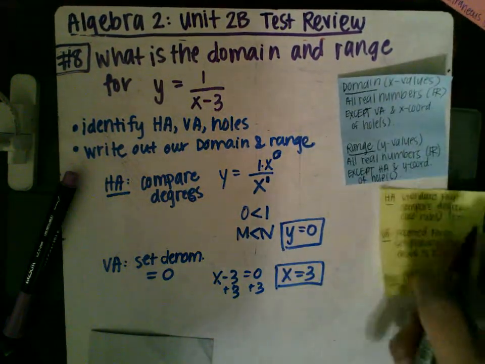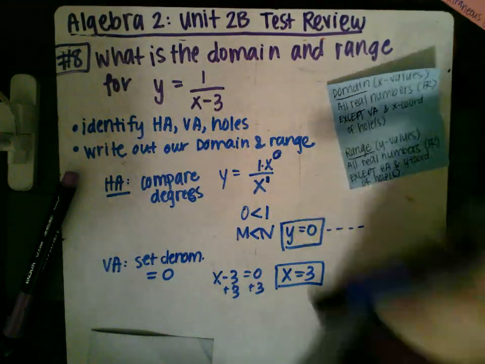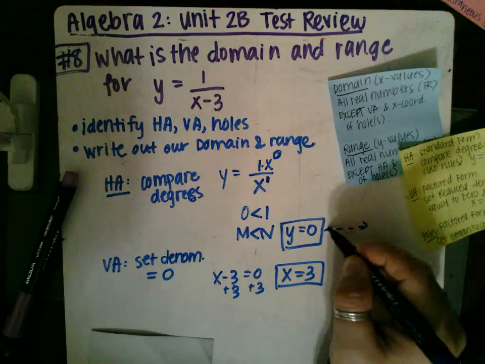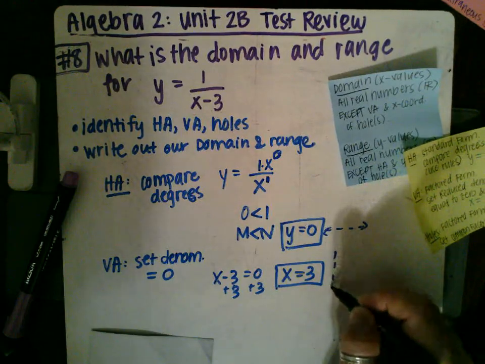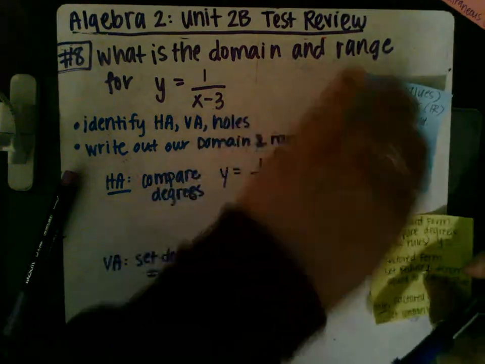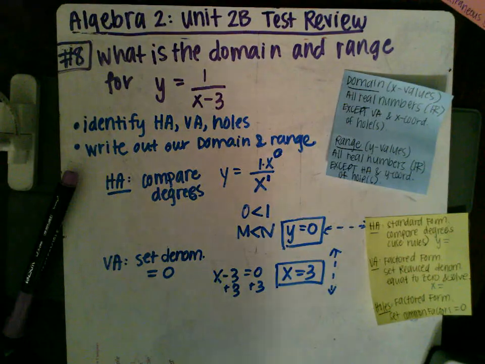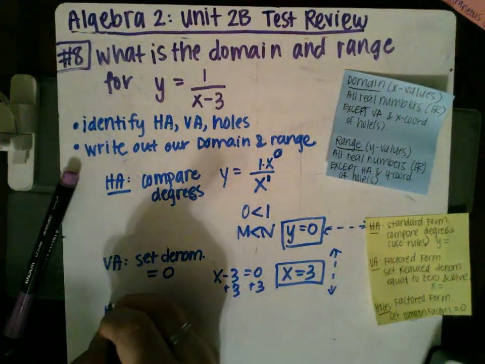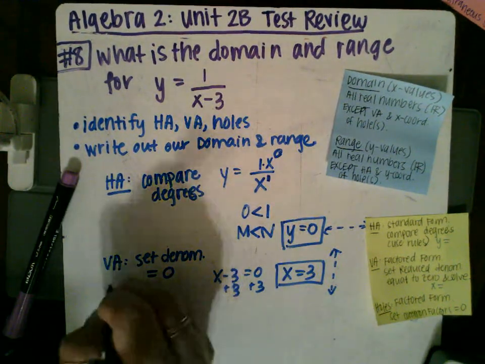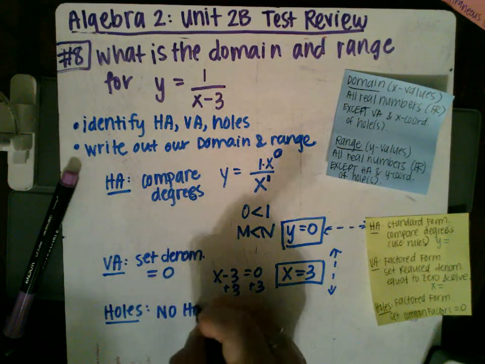And I kind of like to do this to remind myself, horizontal is a dashed line like this, vertical is a dashed line like this. And now holes would be if any common factors are there, if they're equal to 0. So since there are no common factors, there are no holes.